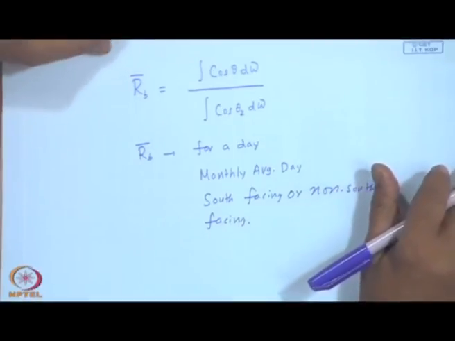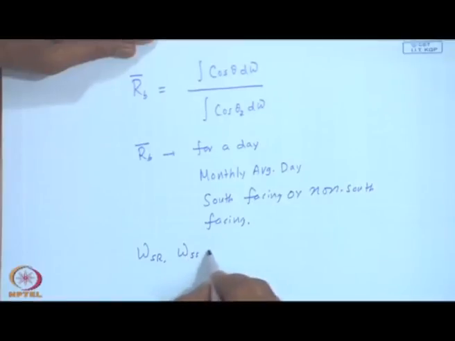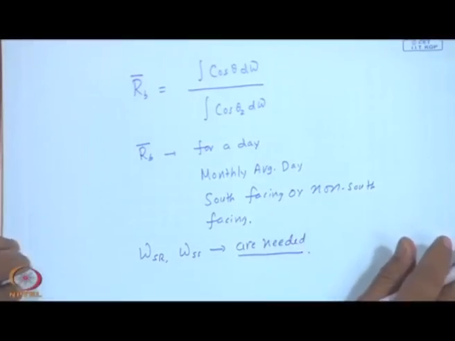So, we shall try to evaluate the so called omega SR and omega SS, which are needed. Okay. So, we have a method of calculating the tilted radiation for an hour, we have it for a day, which works well, and we will examine how it performs for the monthly average day and how we estimate the so called apparent sunrise and sunset hour angles for the tilted surface. Thank you.